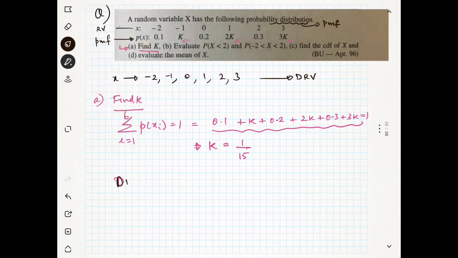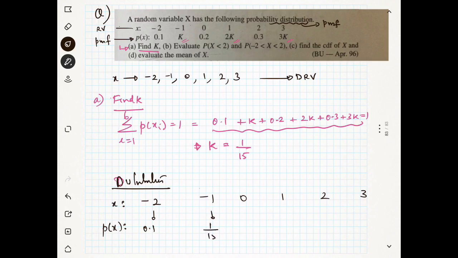the random variable. So the distribution is, you have the random variable x, and this is the probability mass function for x. So what are all the values? -2, it can be -1, it can be 0, it can be 1, then 2 and 3. This is 0.1, and here k is there, so it is 1 by 15.